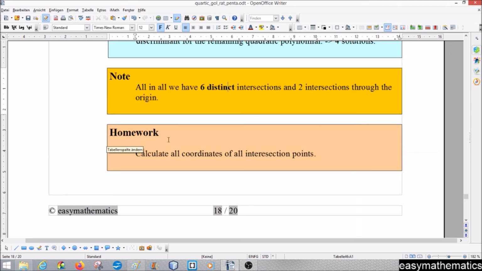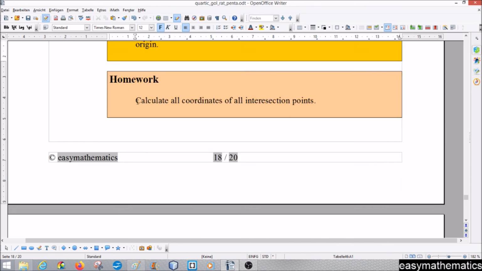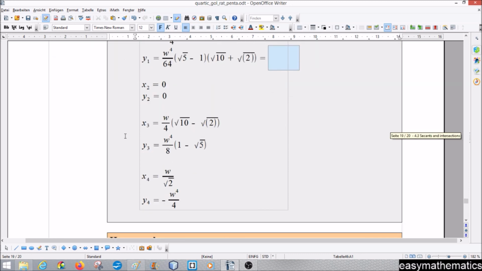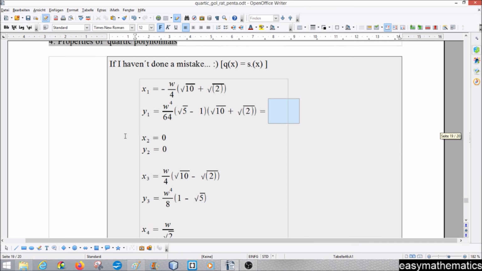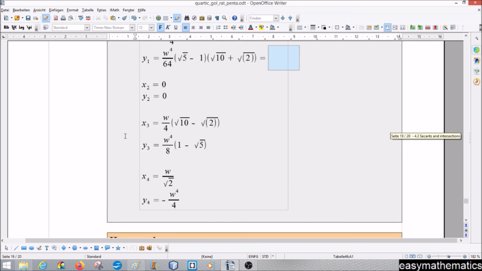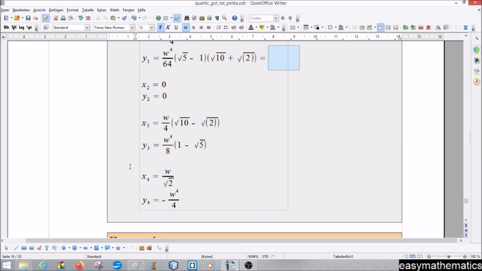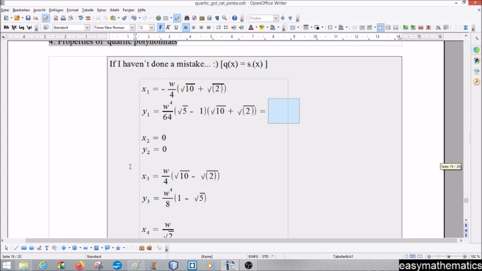Here it's written 8 solutions. Here we have only 4. Remember, the solution is double, and the other 3, you find them through reflection.